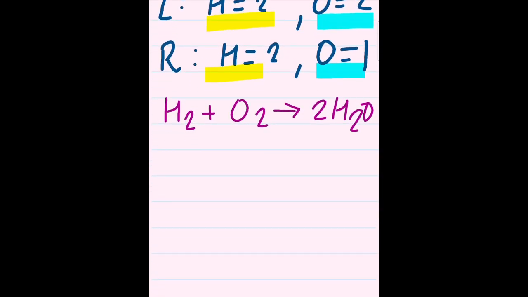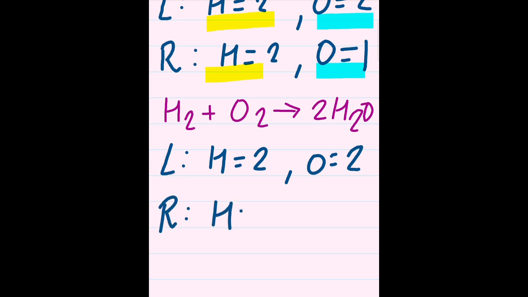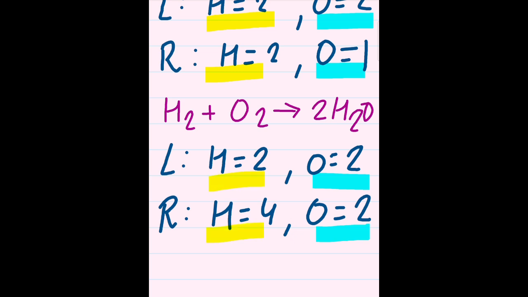Now count again. On the left hand side there are 2 hydrogens and 2 oxygen, and on the right hand side there are 4 hydrogens and 2 oxygen. Now oxygen has become balanced and hydrogen has become unbalanced.